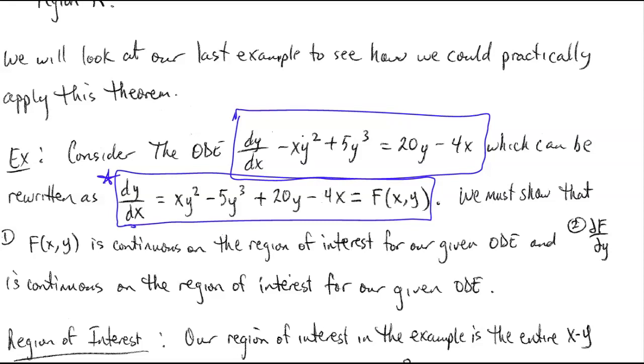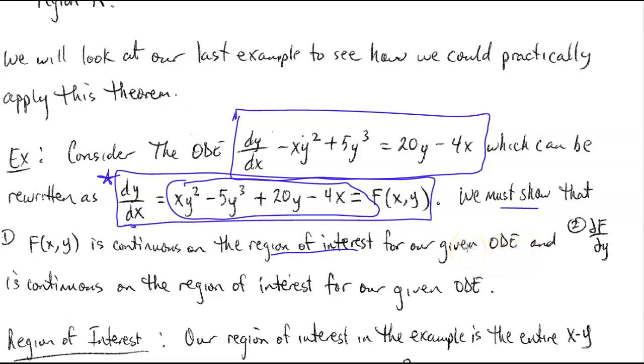So the first thing that I have to show is that this two variable function here on the right is going to be continuous in the region of interest for our given ODE.